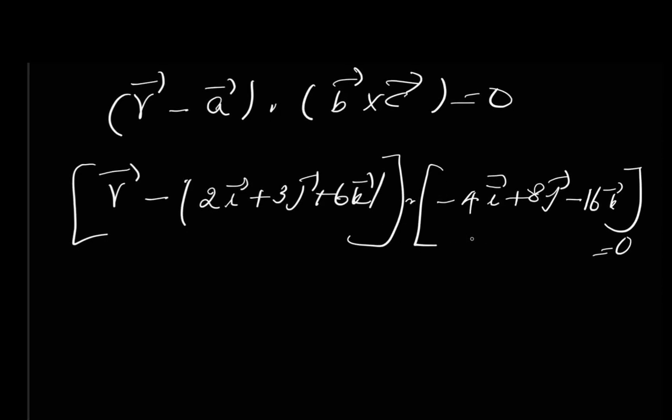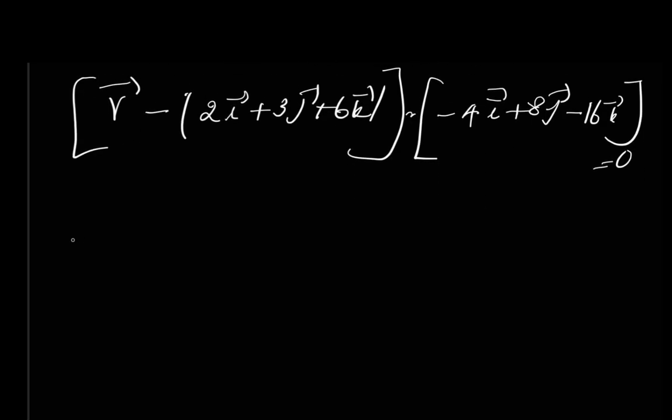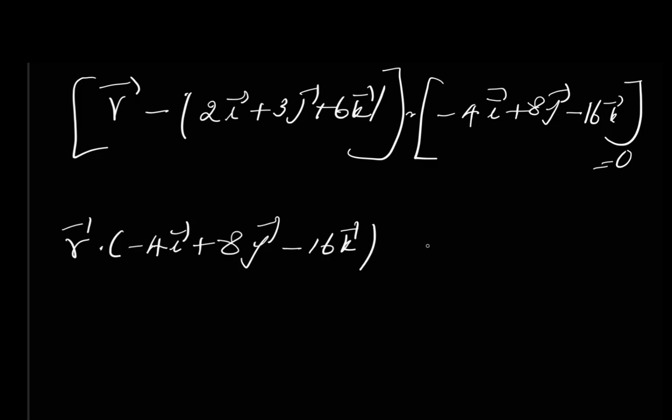You can keep it as it is, or for further simplification, take the dot product: vector r dot (minus 4i plus 8j minus 16k), then minus the dot of the two vectors, that is minus 8, 3 8s are 24, minus 16 into 6, 6 16s are 96, minus 96, equals 0.